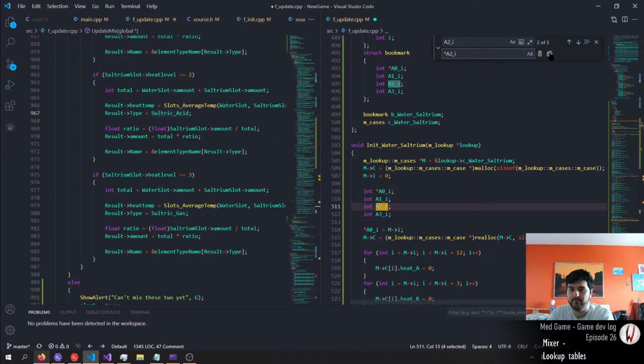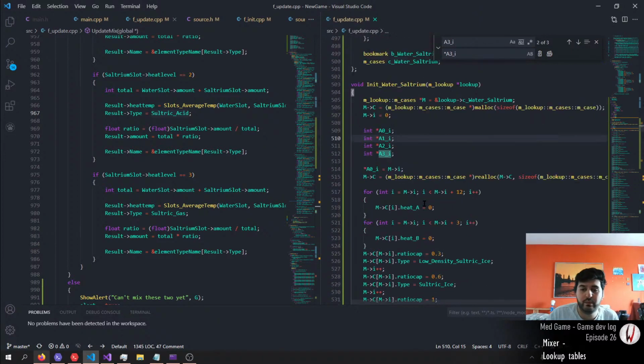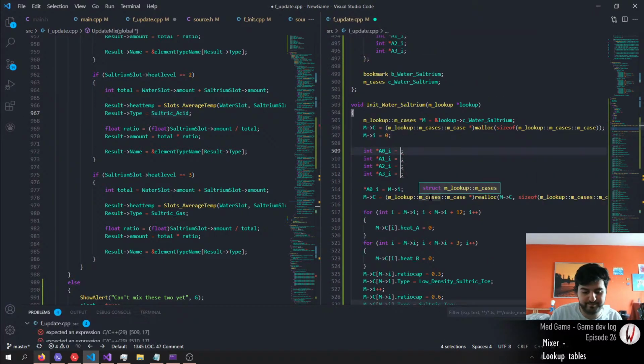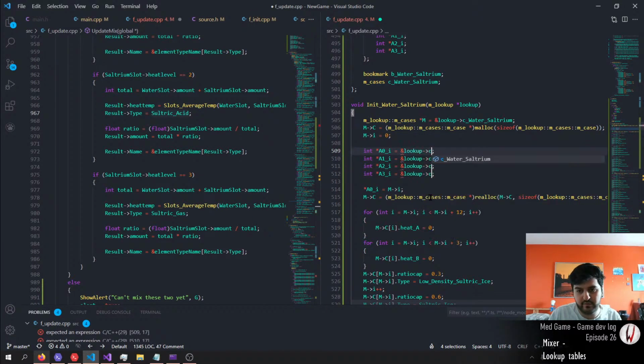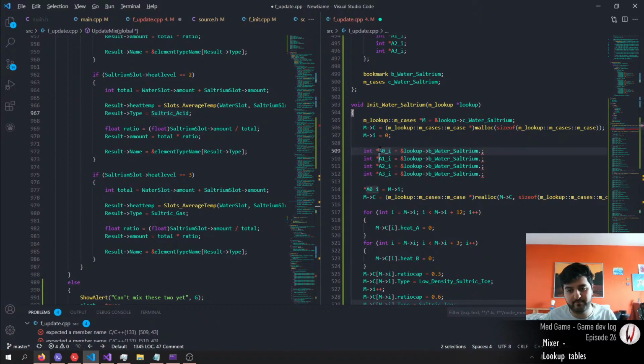2, 1, 2. Equals the address of the lookup CL, and you just copy them.